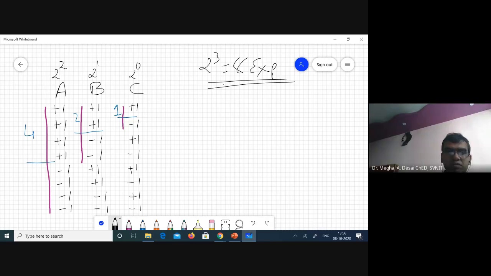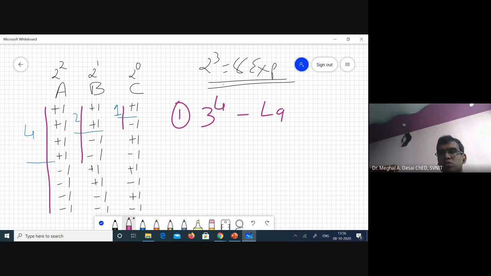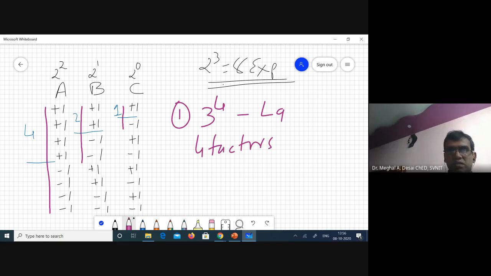Okay, so I will just give you an example. One example we have shown was the 3 to the power 4 design, where the L9 array was used. We had 4 factors and 3 levels.